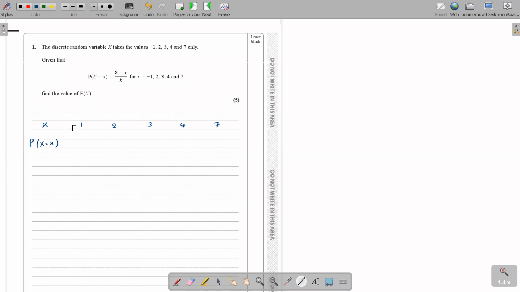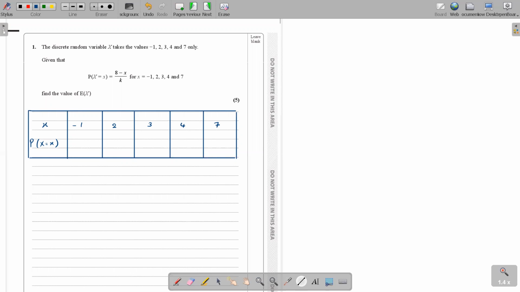So what do you have here? Can you all calculate the values? All you have to do is put the x values into the equation and find. So do it. Okay, so what do we have here?